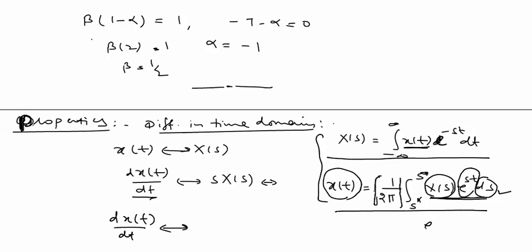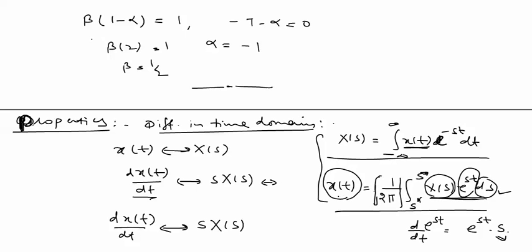Differentiation of this term is e power st. While differentiating, a single s comes out. The complete term remains the same, only a single s is an additional term, so we have to add s and the remaining terms are the same. In this way we can derive another property also, differentiation in time domain, and move ahead.